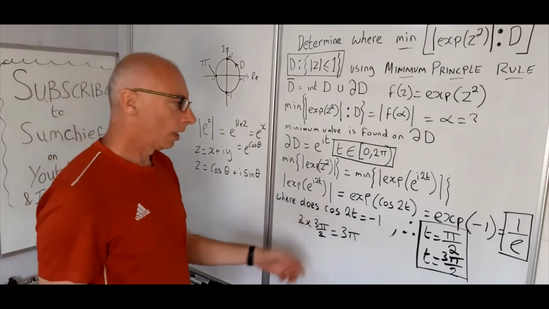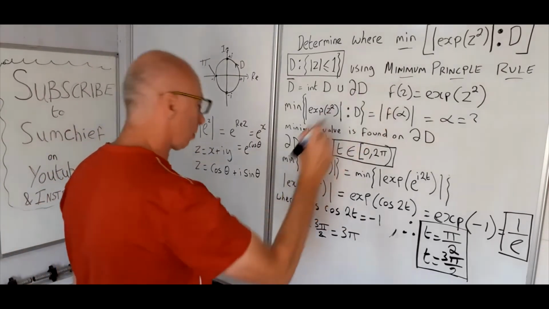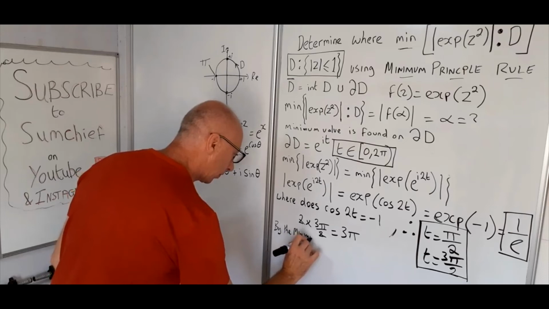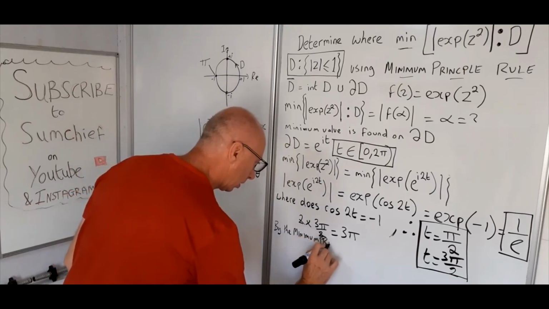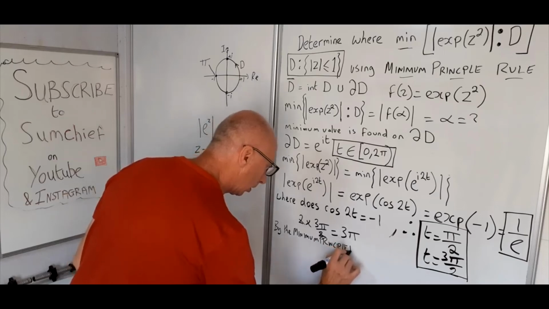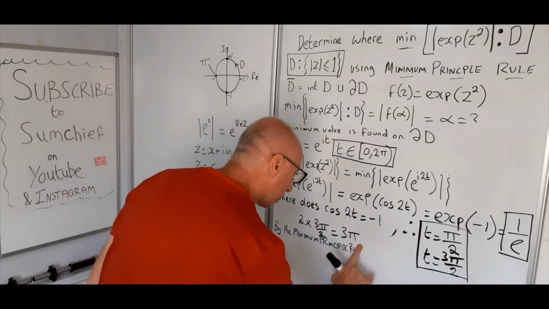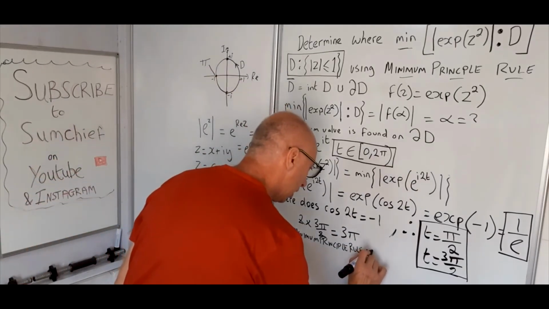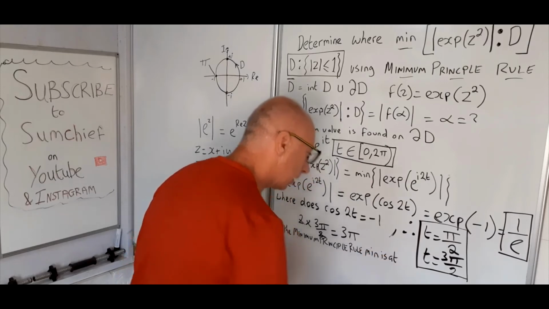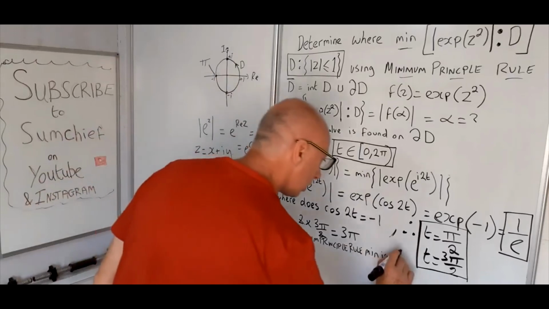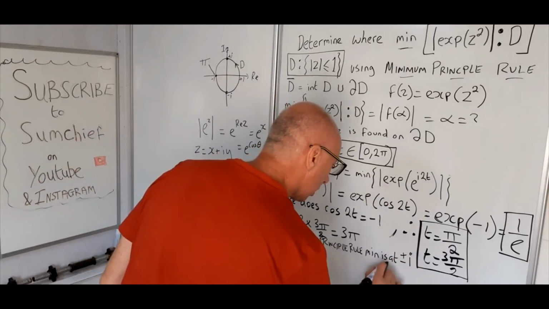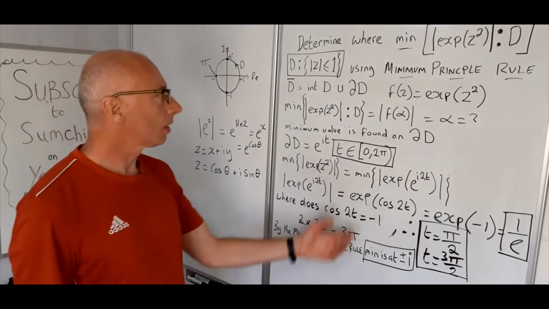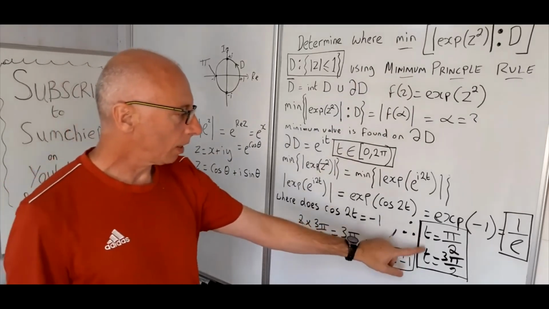So by the minimum principle rule, let's write that in properly, the minimum is attained at plus or minus i.